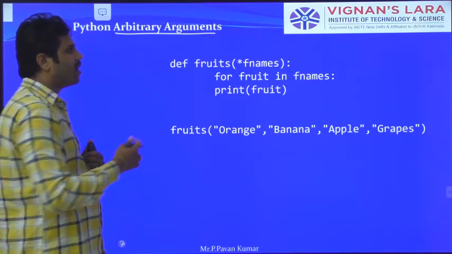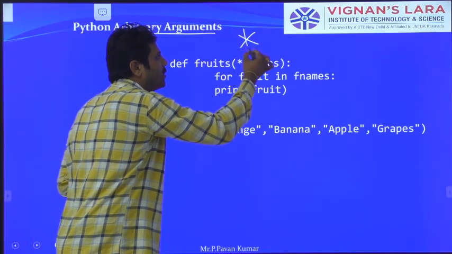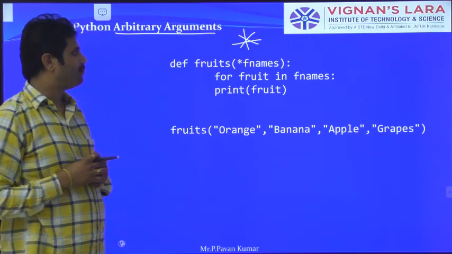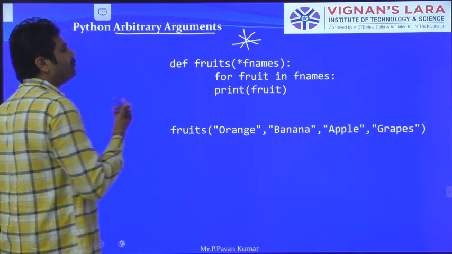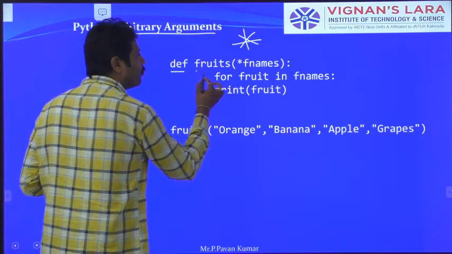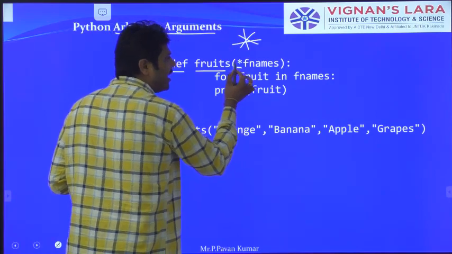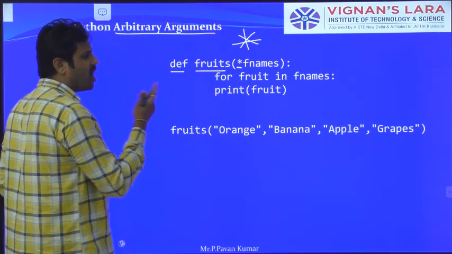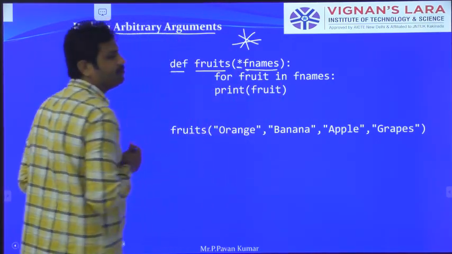What is an arbitrary argument? Arbitrary arguments are represented with a star symbol. Here observe the function def fruits, star f names.